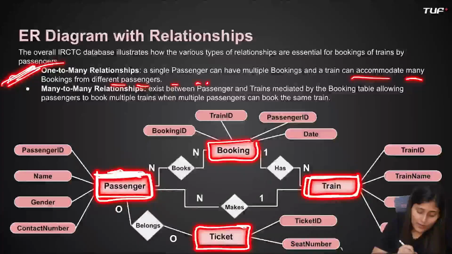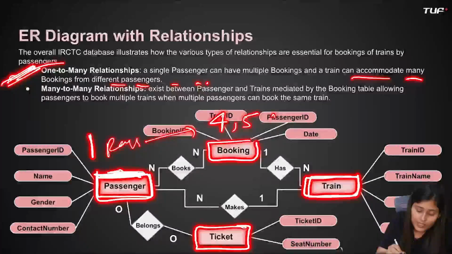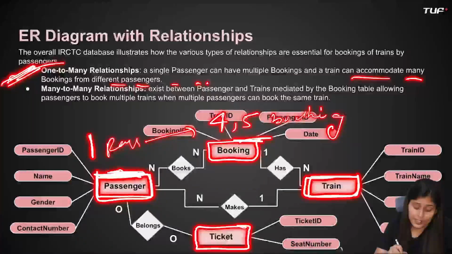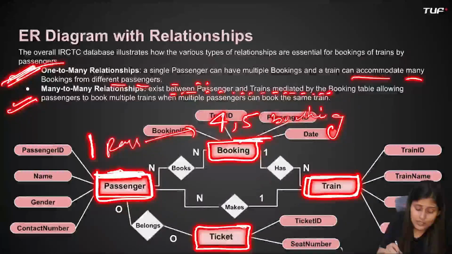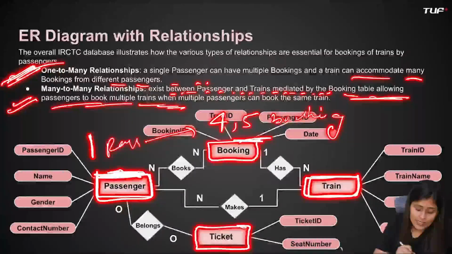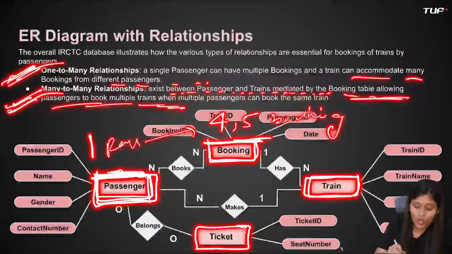How one passenger can have 4 or 5 bookings from the booking table shows one-to-many relationship. Similarly, many to one exists when passenger and trains are mediated by the booking table, allowing passengers to book multiple trains.